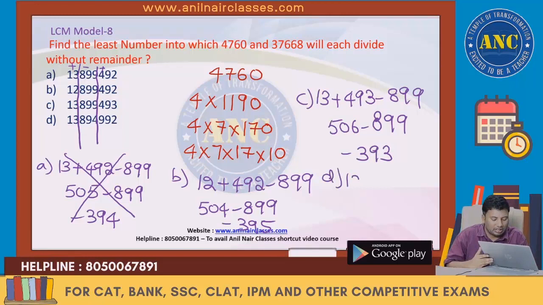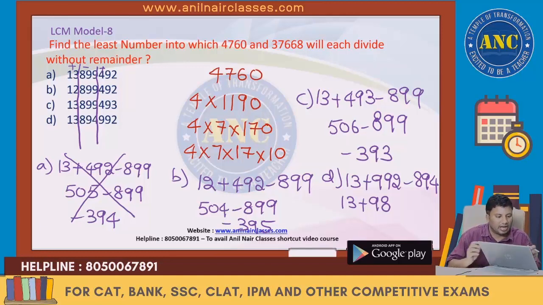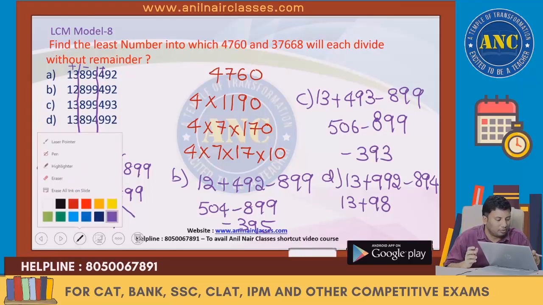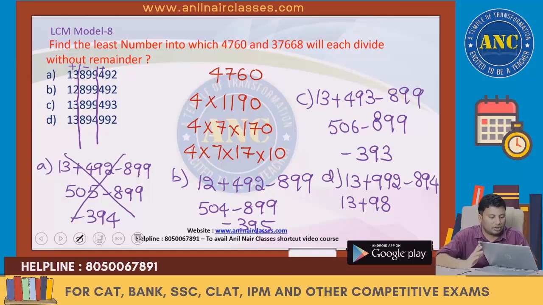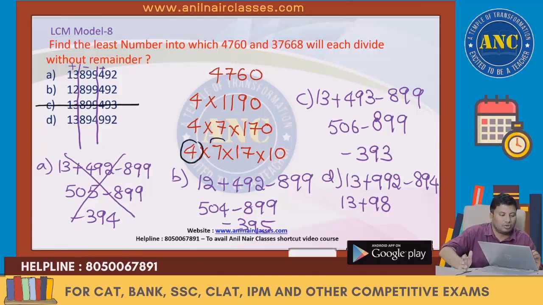D, just check it out. 13 plus 992 minus 894. 13 plus 992 is nothing but 98. Check the number; if any calculation mistakes are there, please try to correct them. Answer should be divisible by 4, last 2 digits should be divisible.